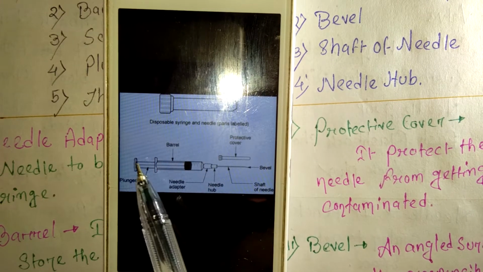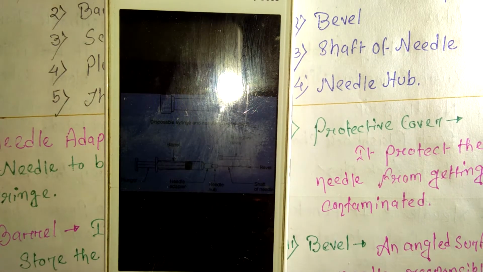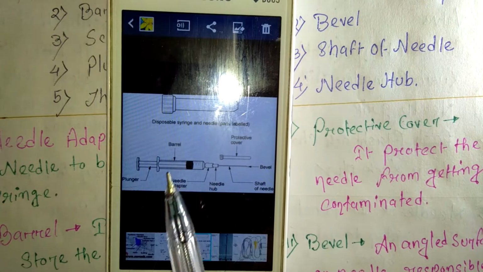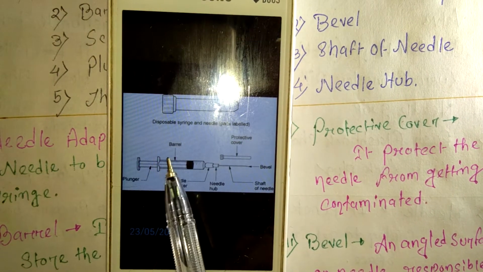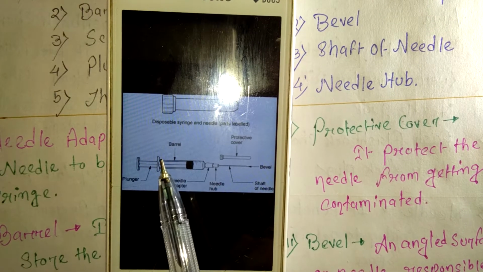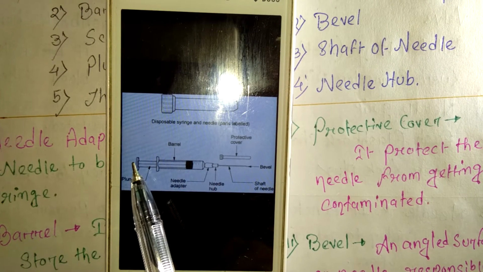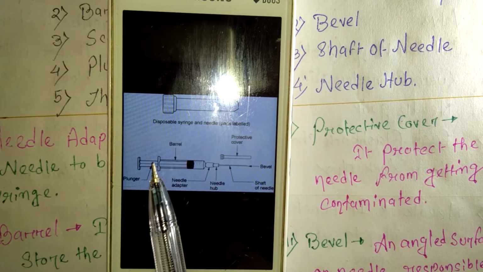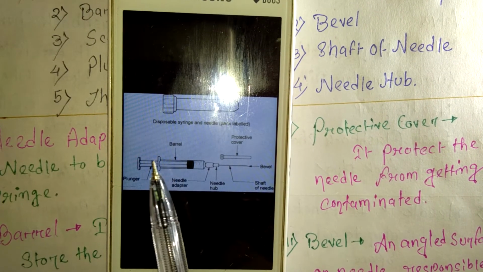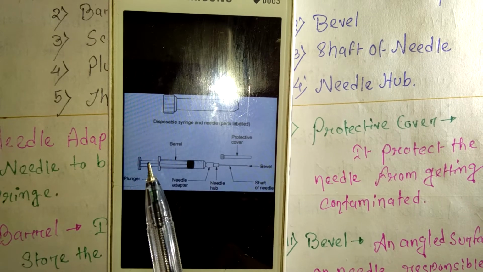Now the parts of the syringe. The whole syringe, this part is called the barrel. This part which we push is called the plunger.